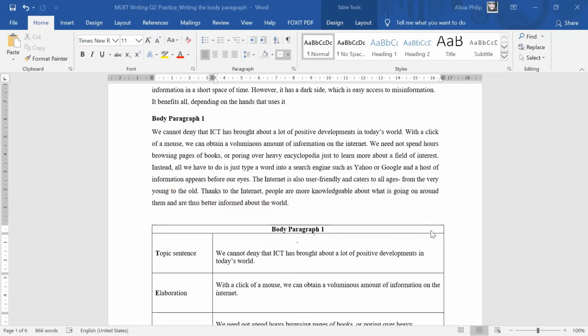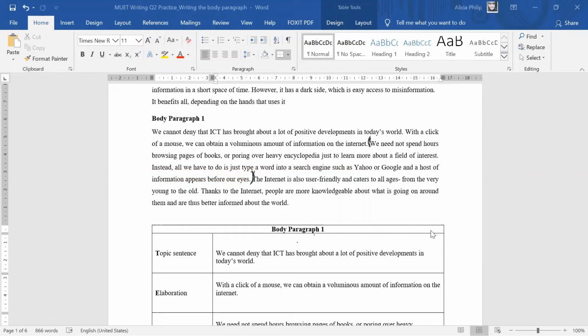Okay, next. Example. Which part is the example? Okay, yes, that's correct. The one in black.